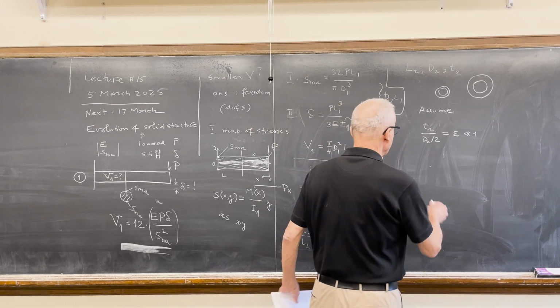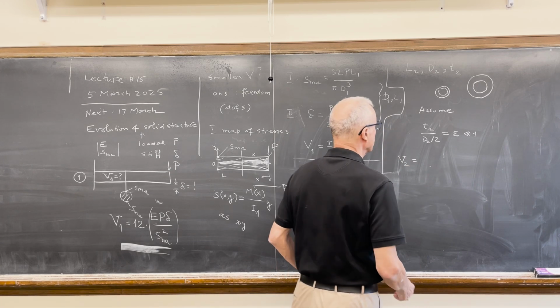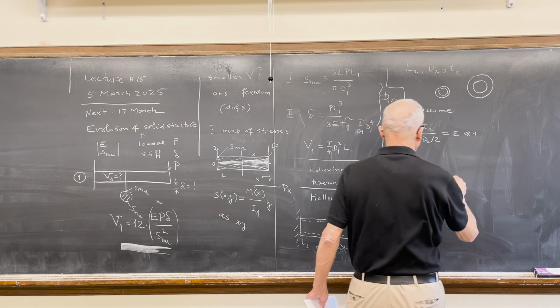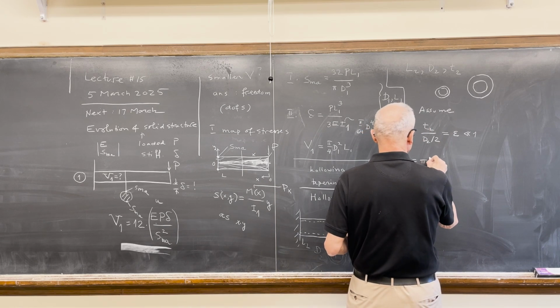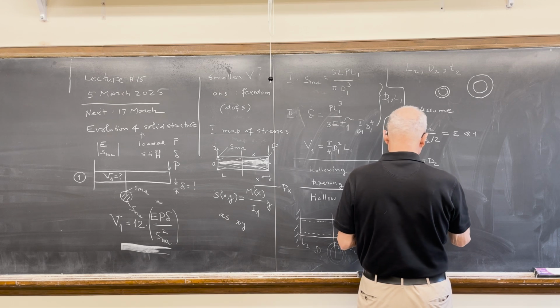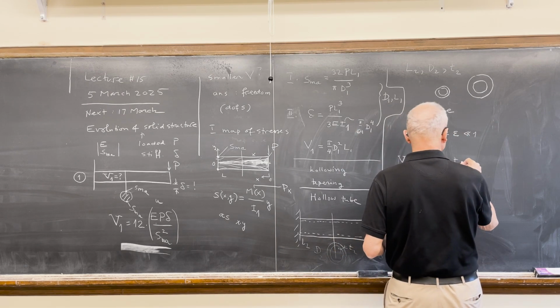So the problem is, what is the volume? Well, the volume is the cross-sectional area of the annulus, which is pi d2 times L2, and then times this thickness called T2.